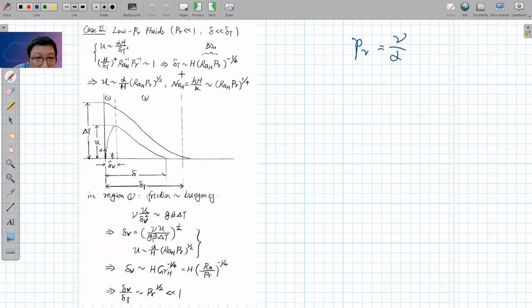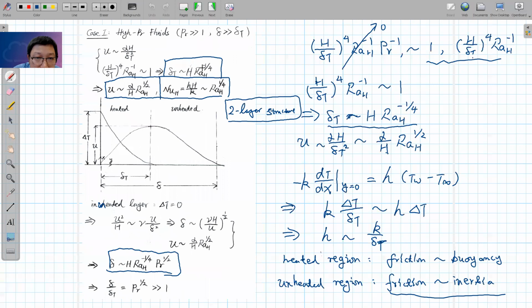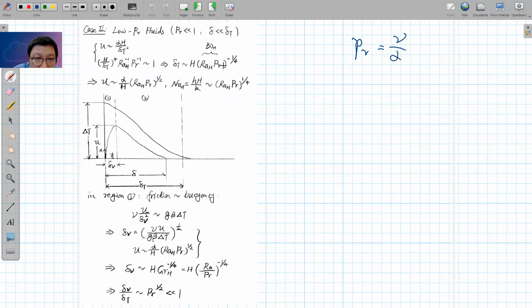With these two results, we can derive a new correlation for the magnitude of the thermal boundary layer thickness, delta t. If you compare with our previous case, delta t equal to h times Rayleigh number to the power minus 0.25, it only has an additional Prandtl number factor here.